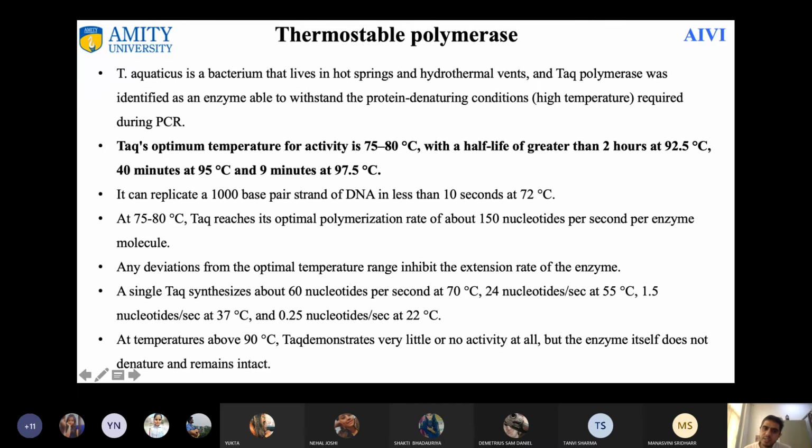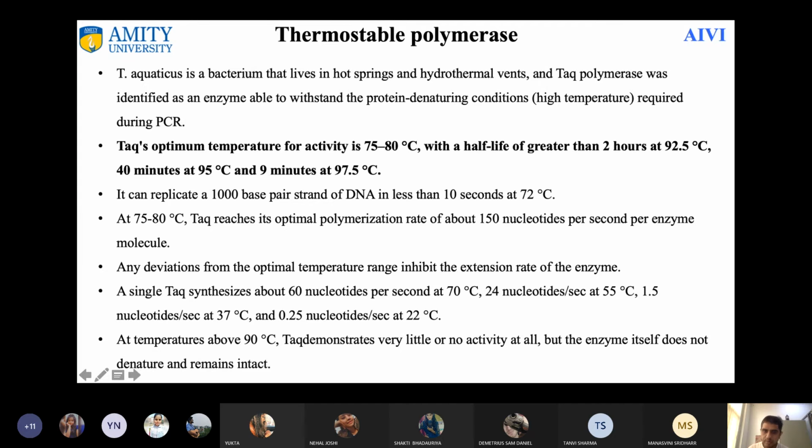So if you want to stop their activity, just raise the temperature. But raising the temperature stops their activity without denaturing them, meaning the enzyme is not degraded or made non-functional. The enzyme remains intact, whether the temperature is 90 or 97 degrees Celsius, depending upon their stability half-life.